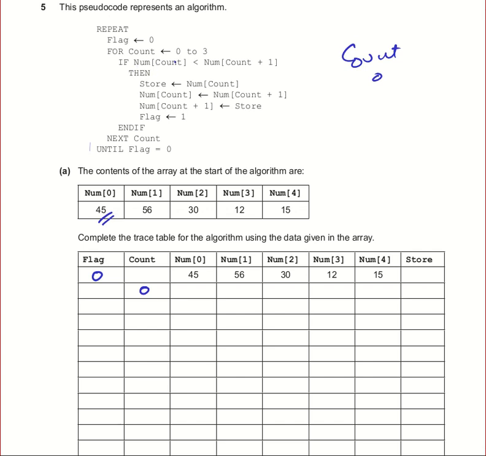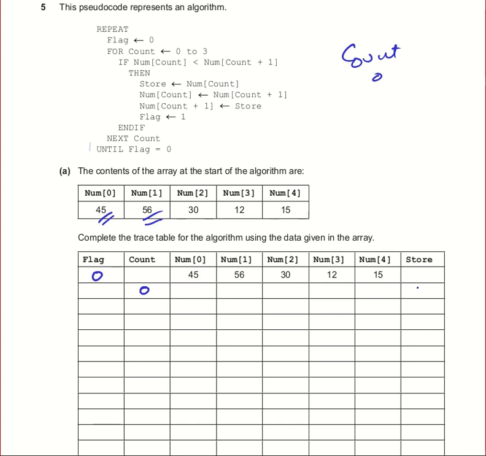If num 0 is less than num count plus 1, which means num 1, because the value of count is 0, and num 1 is this value 56. If num 0 is less than num 1, which in this case it is, then the value of num count will be copied to store. So num count means num 0, which is 45.